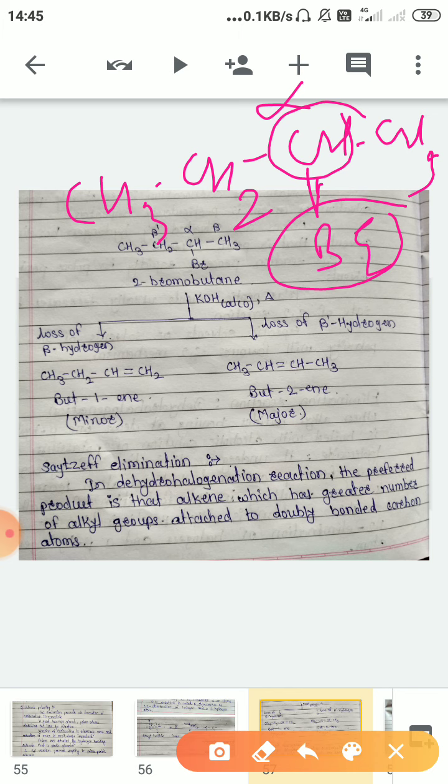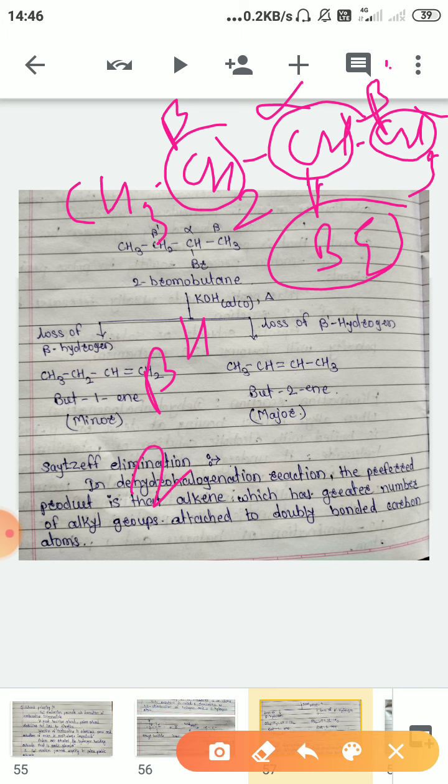As it contains the functional group, these two carbon atoms are beta carbon atoms, and the hydrogens present on these two carbon atoms are beta hydrogens. For simplicity we can mention beta carbon and beta dash carbon, to distinguish the different carbon atoms. Here two beta hydrogens are present, and here three beta dash hydrogens are present.